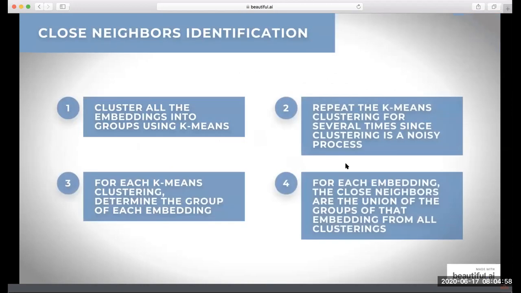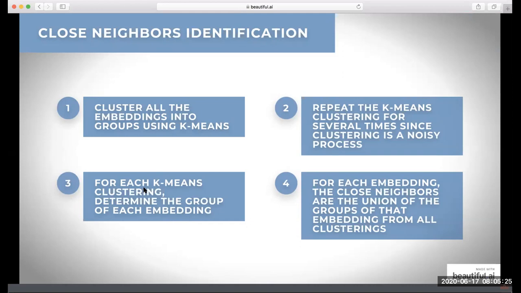Then close neighbors identification has several more steps, where we first cluster all the embeddings into groups using k-means clustering. But since k-means clustering is a noisy process, and normally the clusters it gives us are not that accurate, we need to repeat the k-means clustering several times to improve the accuracy.